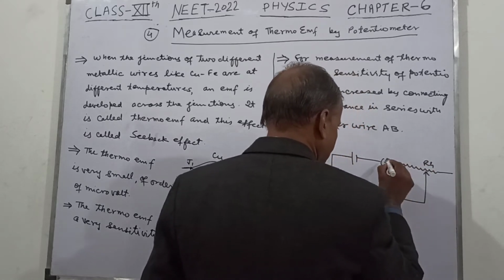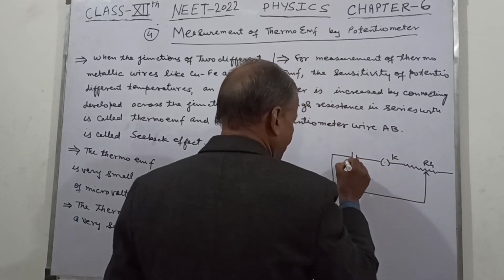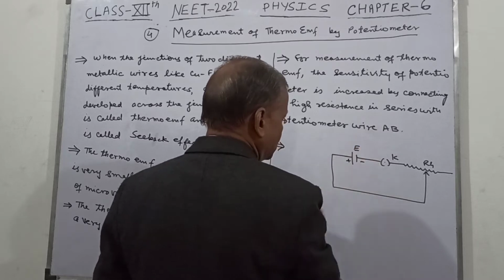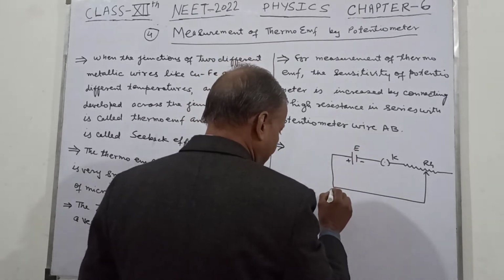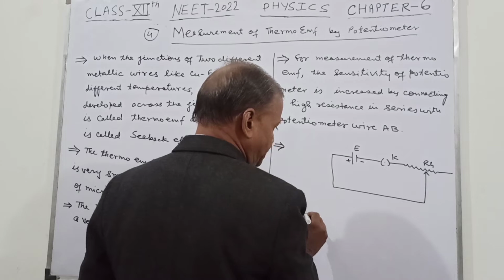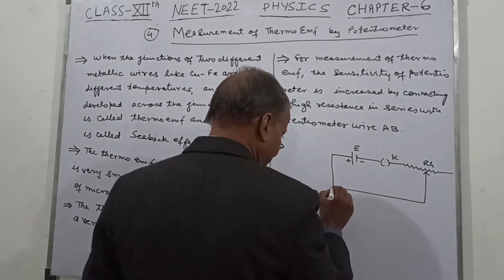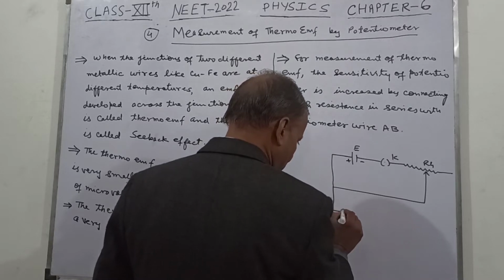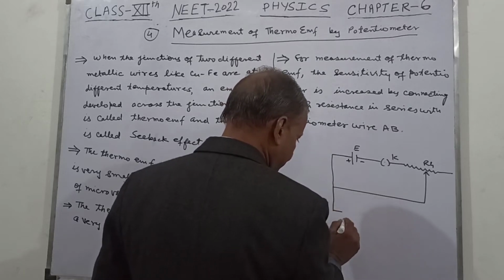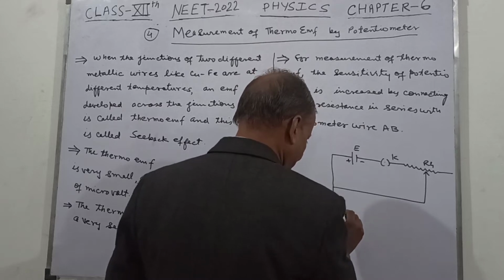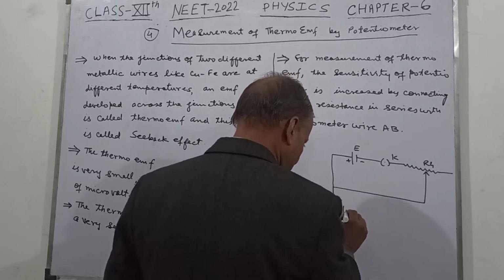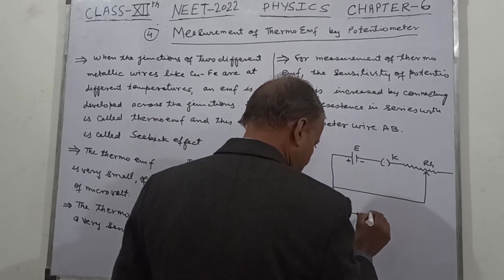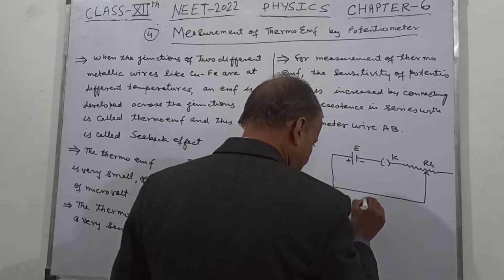This is rheostat, this is now key K, this is the cell, and here we have a potentiometer. This is the galvanometer.